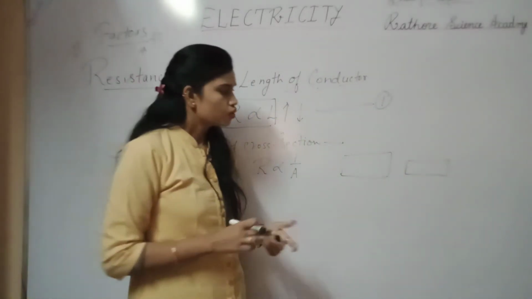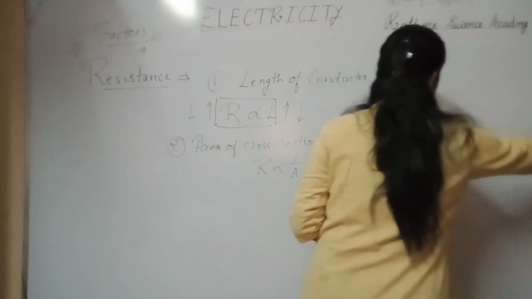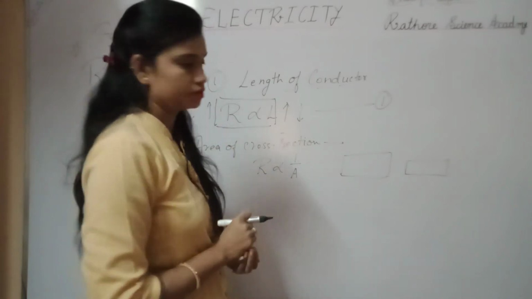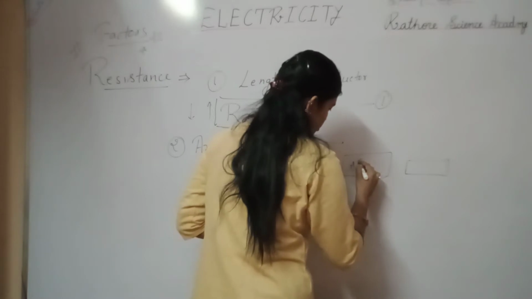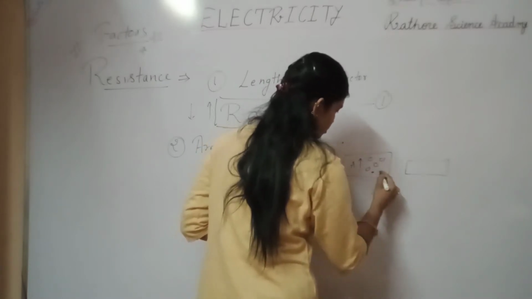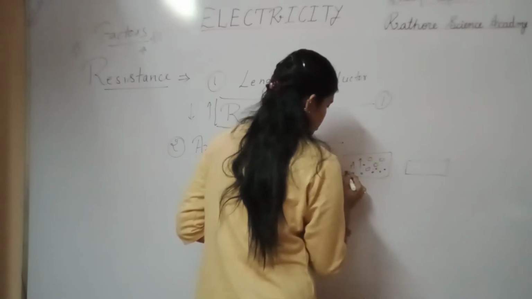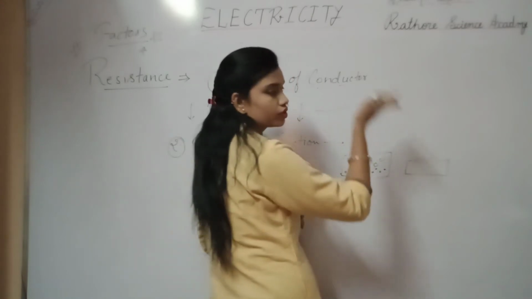Now see, whose area of cross section is more? This one, the wire which is very thick, right? So the area of cross section is more. Atoms are there, electrons are there, and if the thickness of wire increases, then more electrons will move.